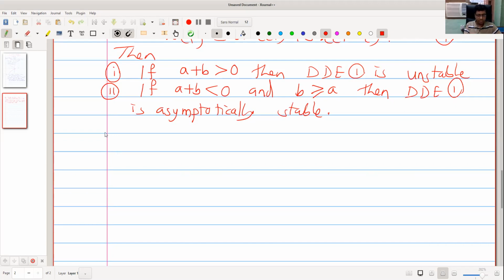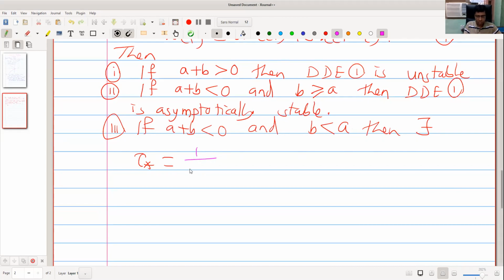Third condition, if a plus b is negative and b is less than a, then there exists a delay value tau star given by 1 upon, okay, this is very important, 1 upon square root of b square minus a square into cos inverse of minus a upon b.